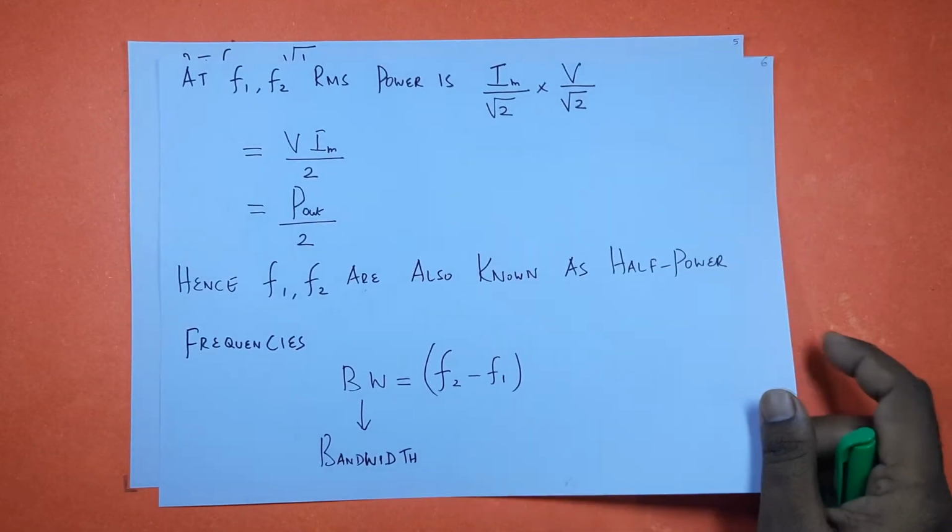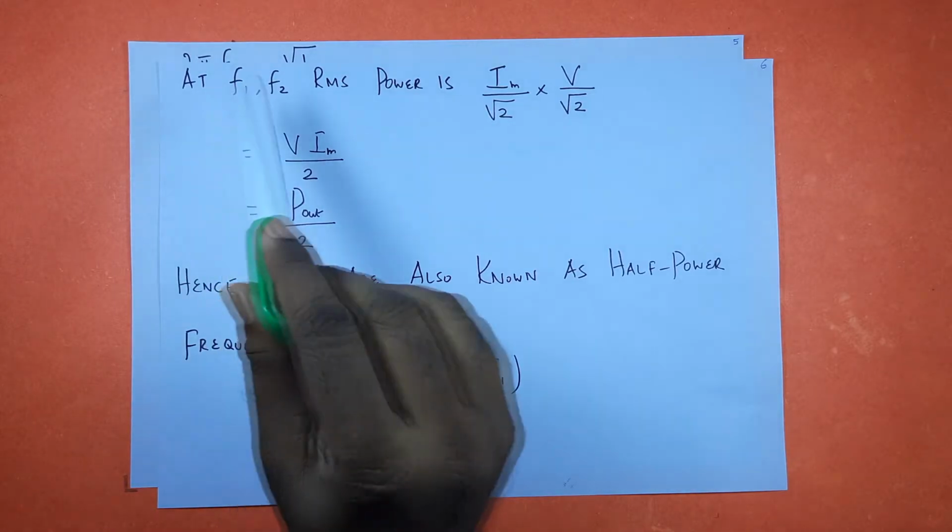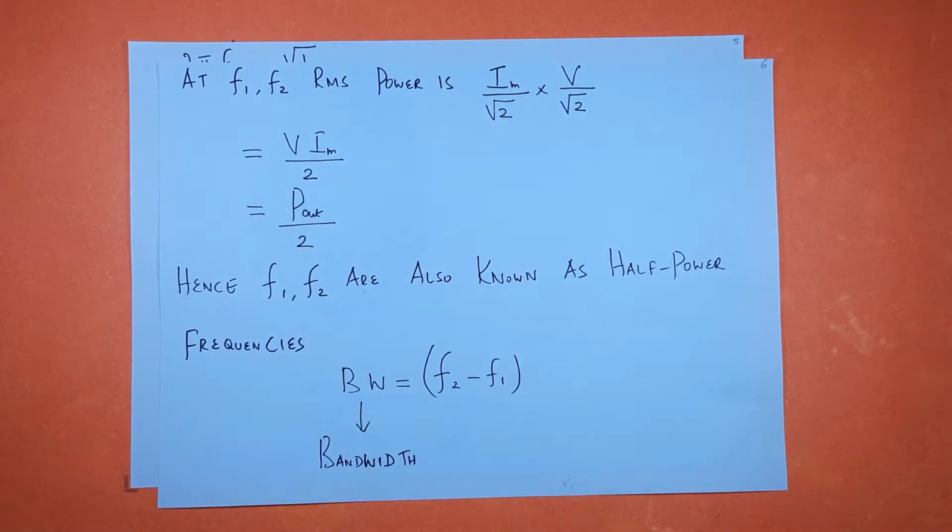At some frequencies F1, F2, the RMS power is Im by root 2 multiplied by V by root 2.